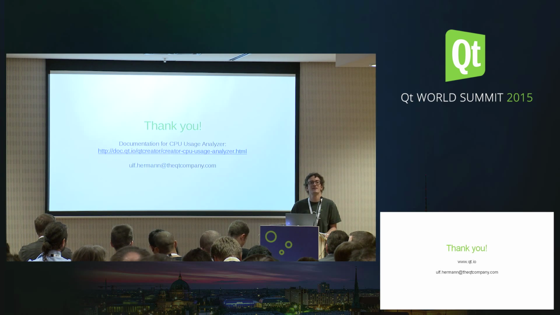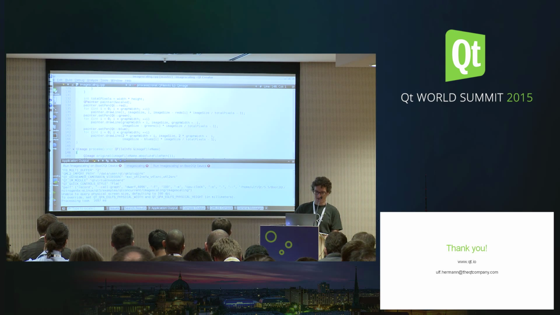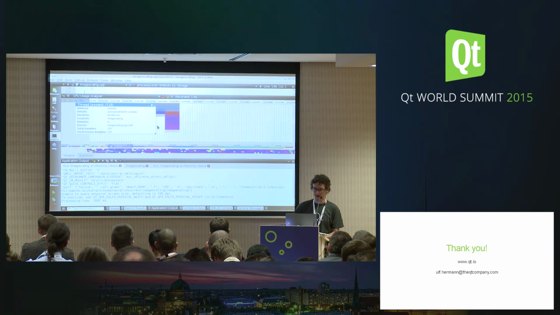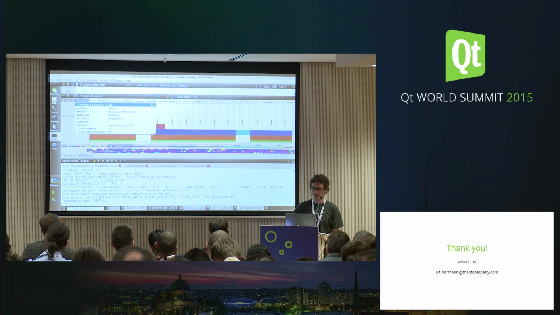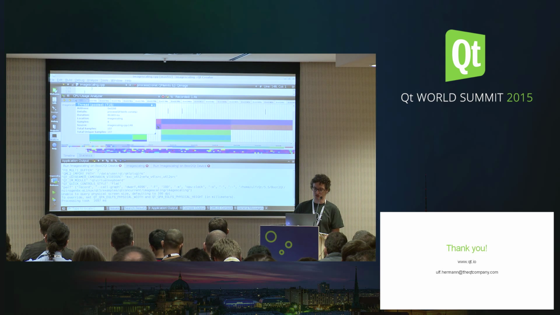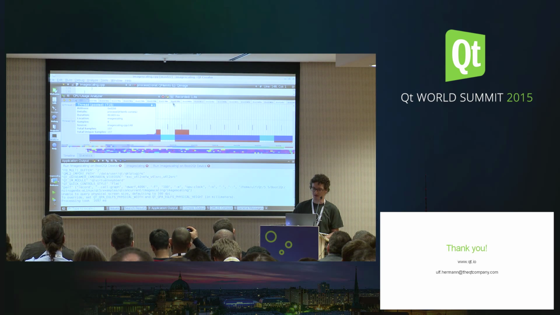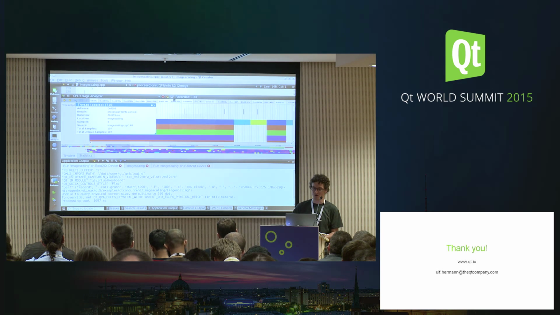Yes? Can it be used for multi-core analysis? Yes, it can. If you look at the timeline here, you see all the threads are shown as separate entities, and you can see by the shading of the colors which threads are active, and you can even filter the threads. I can say, okay, I'm not interested in the main thread, and I'm not interested in this whatever thread, and I actually only want one of those worker threads.